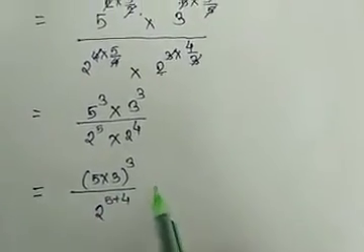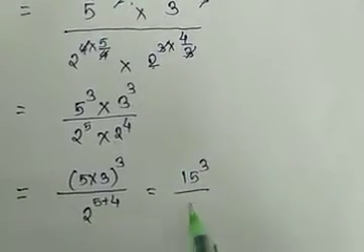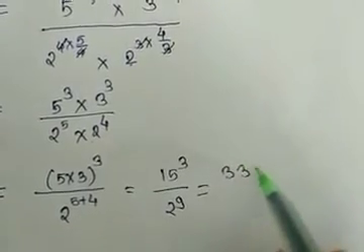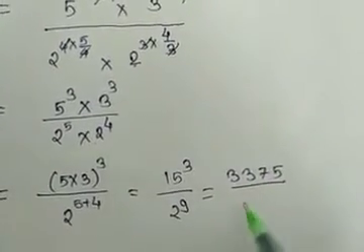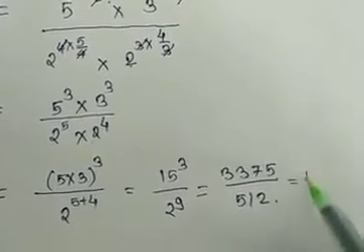So we can write 15 cube divided by 2 raised to 9, which is equal to 3375 divided by 512, which is our answer.